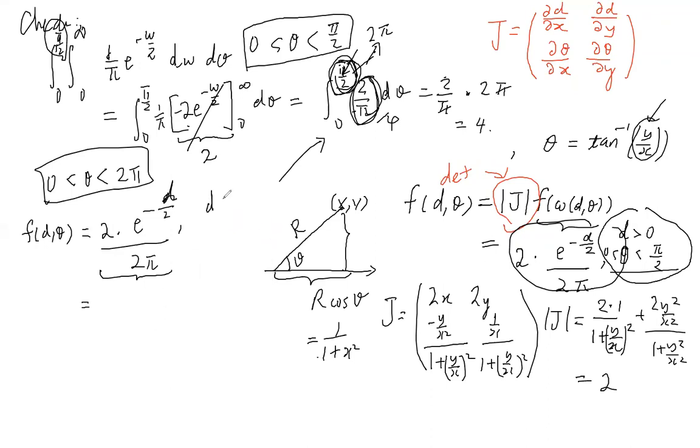So d is positive, and your theta is between 0 and pi over 2. Now you scale it to 2 pi. So here you divide by 4, and you will get this. If you divide by a 4 here, then you get 1 over 2 pi.